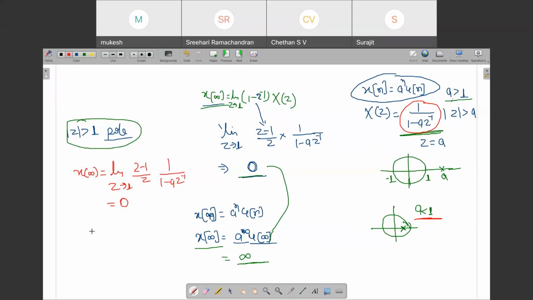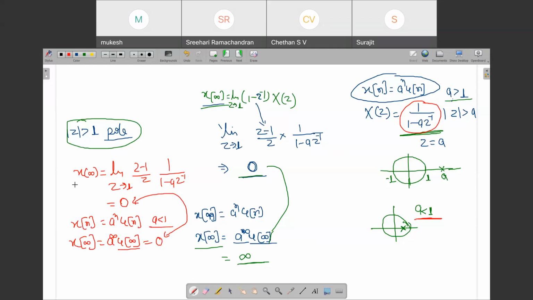Now let's check the time domain, what is happening. So x of n is a to the power n u of n, and here a is less than 1. Now let's calculate x of infinity: a to the power infinity, u of infinity. u of infinity will be 1, but a to the power infinity will become 0 because a is less than 1. So these two agree with each other, right?